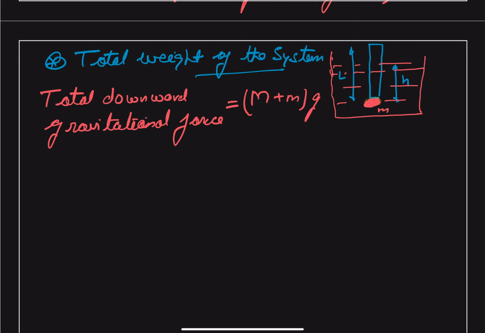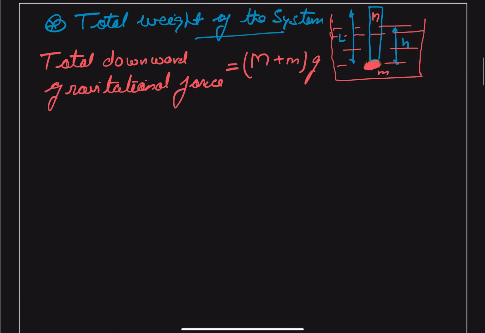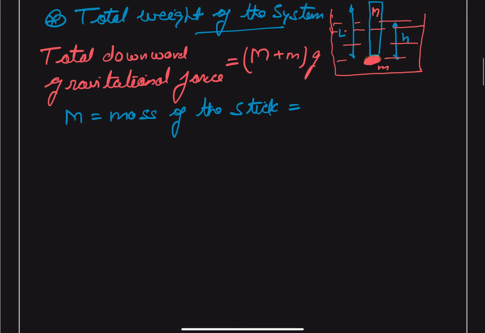So the mass of the stick is given as capital M, and it can be represented as capital M is our mass of the stick, which will be equal to pi r square L multiplied by rho.